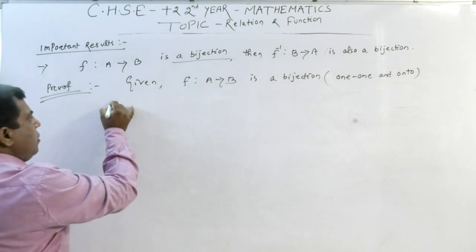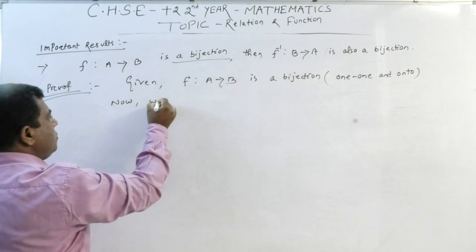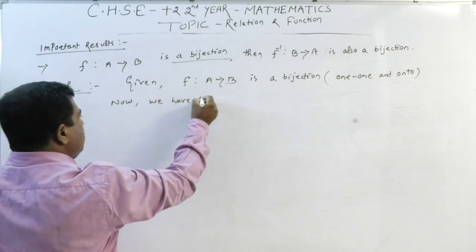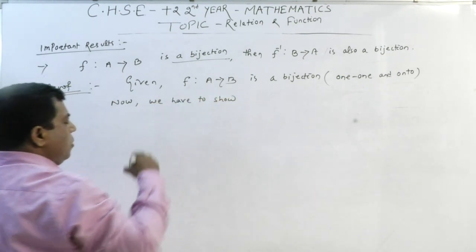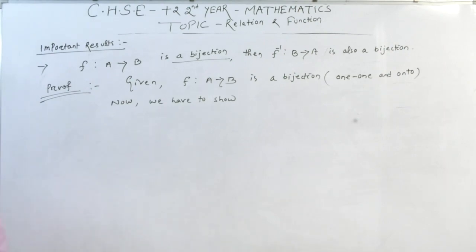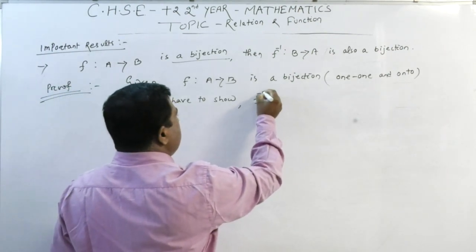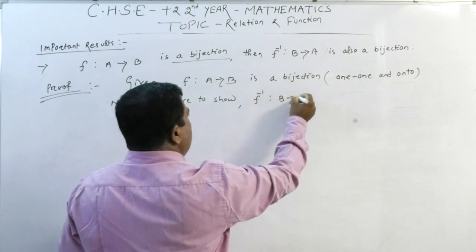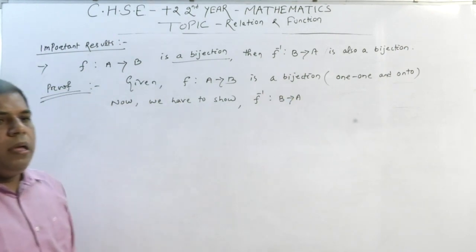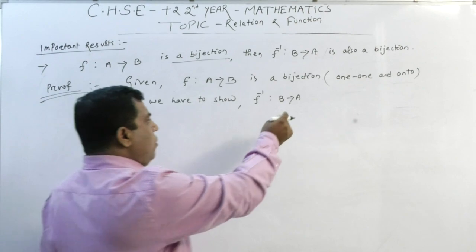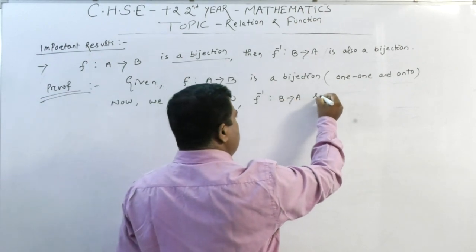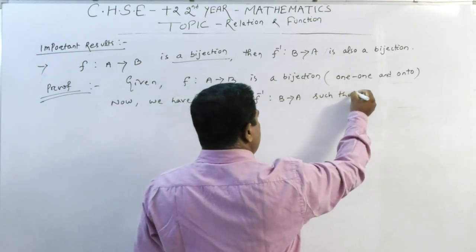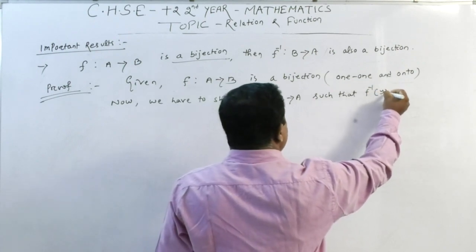Now we have to show f inverse from B to A. F inverse is defined in such a manner that f inverse of y equals x.